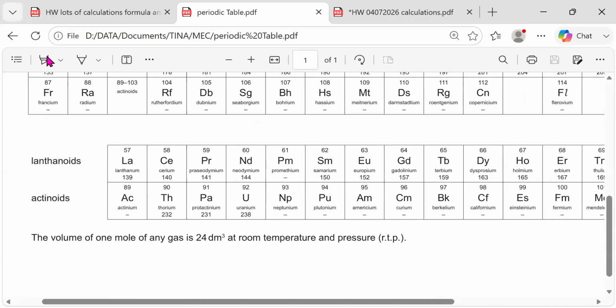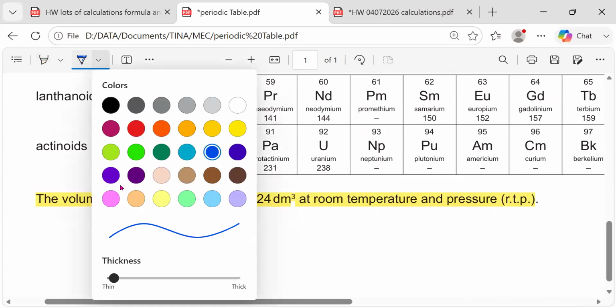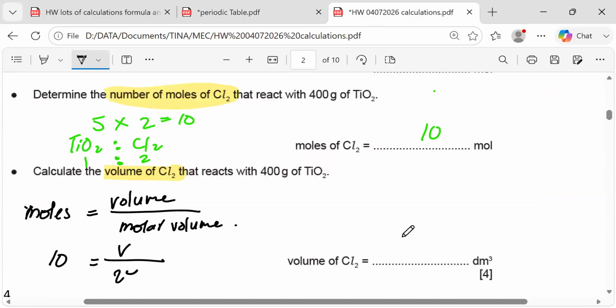That's why they give you this line in your periodic table: the volume of 1 mole of gas is 24 decimeter cube. So 10 times 24 is 240 decimeter cube.